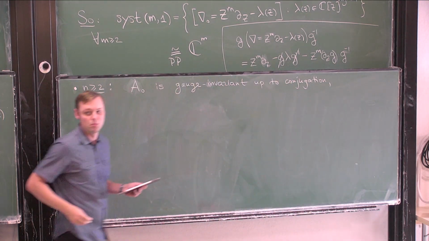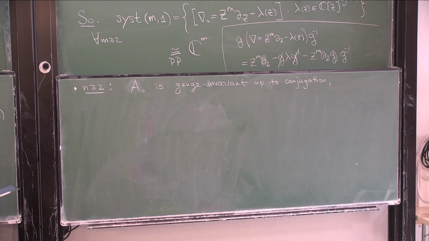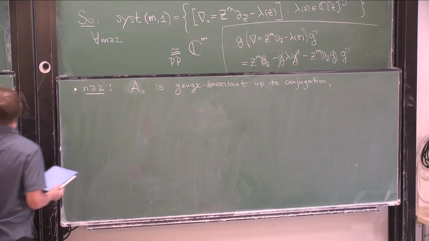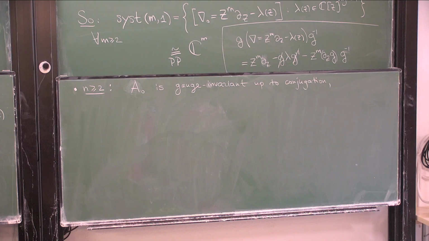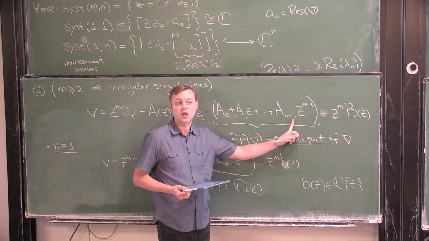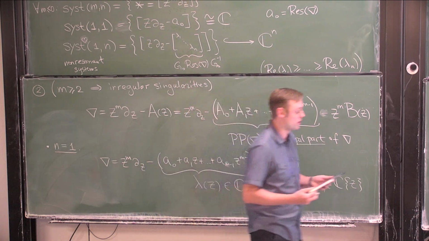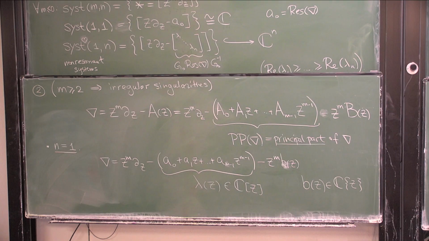But the situation is more complicated because all these other coefficients in the principal part, A1, A2, are no longer gauge invariant simply up to conjugation. So it's more complicated.